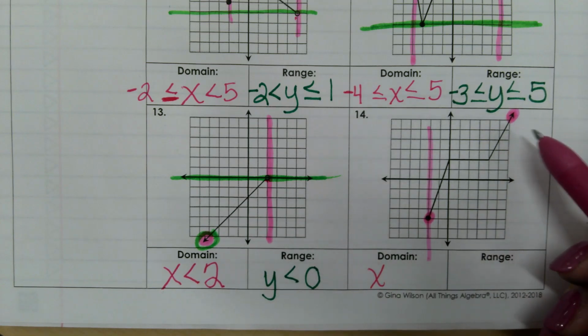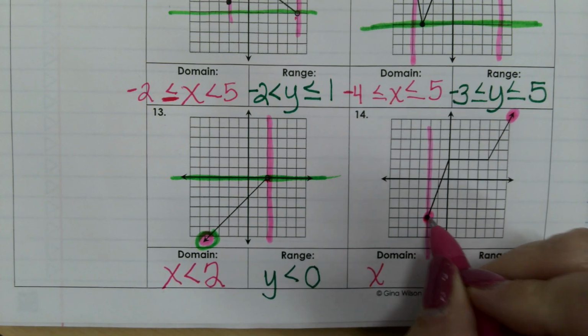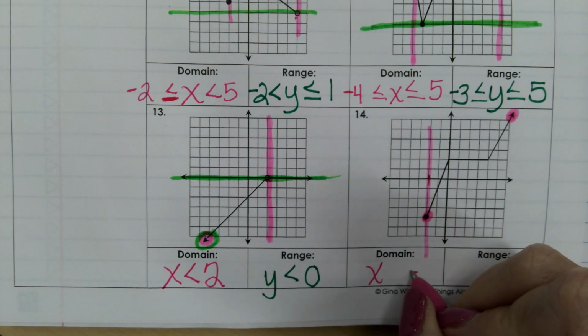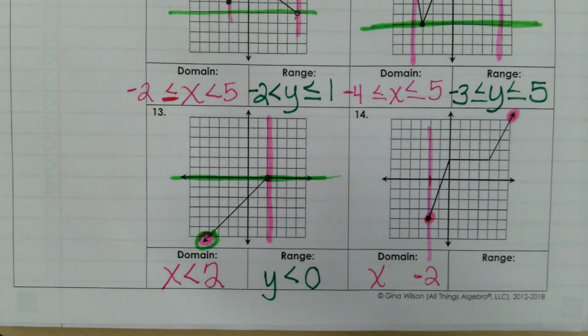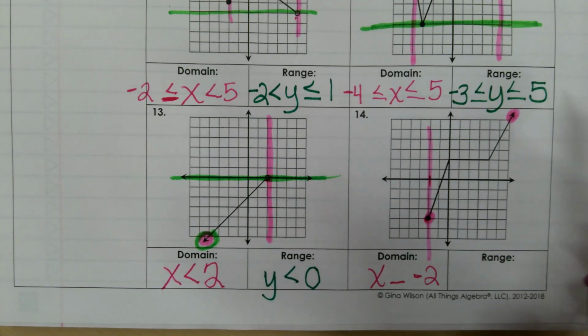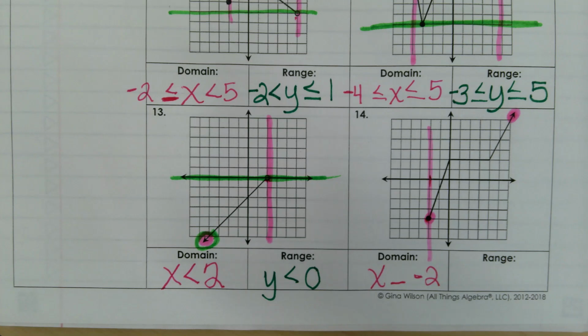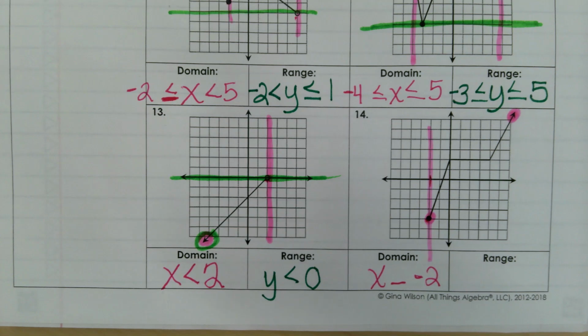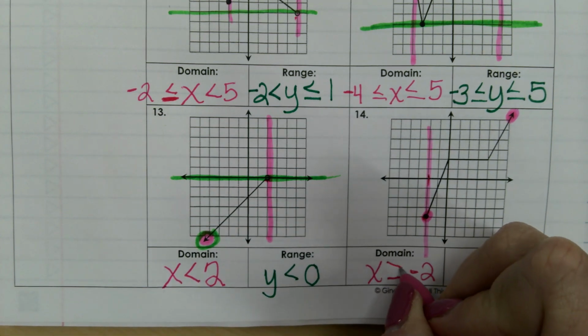Oh, what is that number right there? -2. Open circle or closed circle? All right, equal to. Is the graph bigger than -2 or less than -2? Bigger.